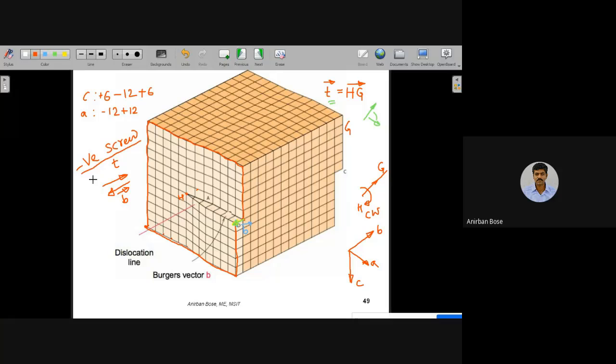Okay. So one important observation is that in case of a screw dislocation, B and T are along the same line, maybe in the same direction or in the opposite direction. If they are in the same direction, it is a positive screw. If they are in the opposite direction, then it is a negative screw.